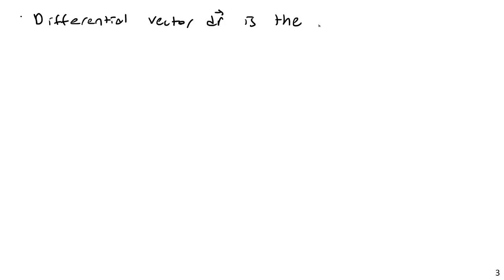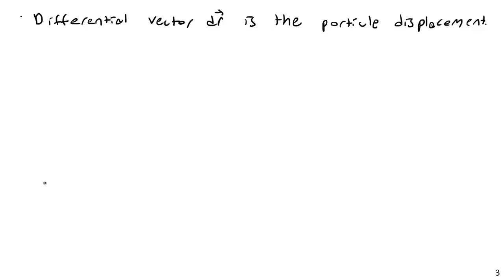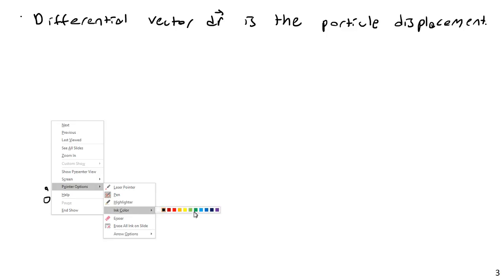So consider a particle, and I will draw a picture, don't worry. Let me draw a little diagram here. I'm going to have an origin over here, and then a particle, and I'll draw it maybe in green.